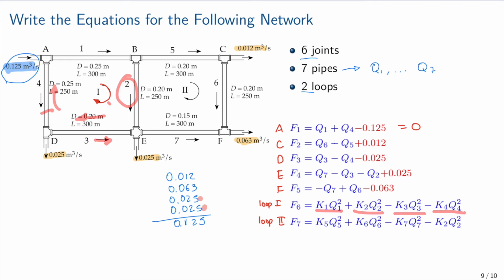Each of the terms is the pipe constant multiplied by the flow rate in the pipe squared. So the same thing can be achieved in 7.